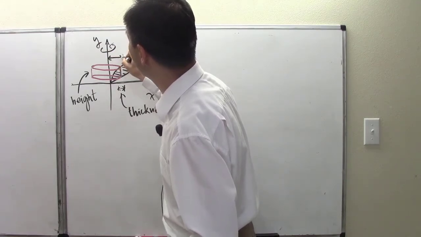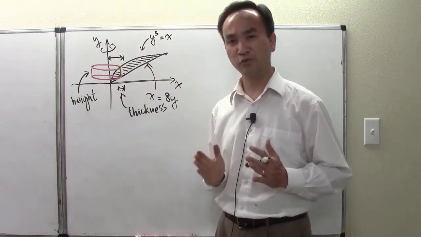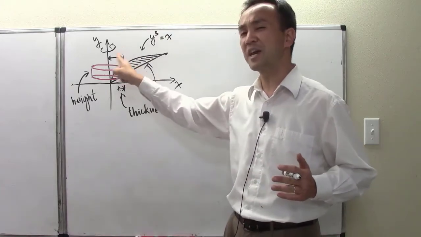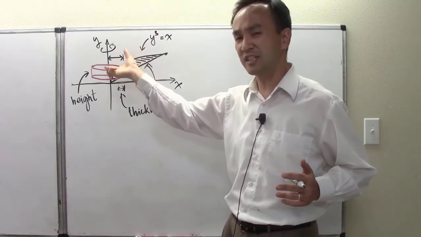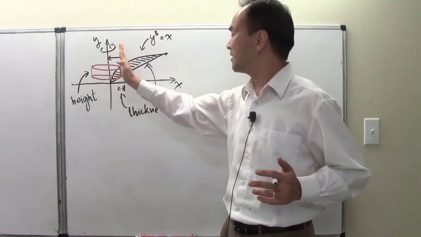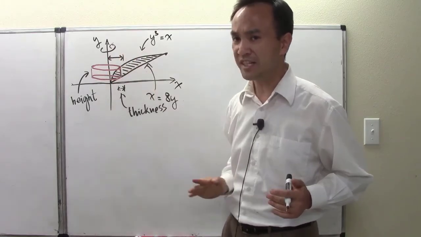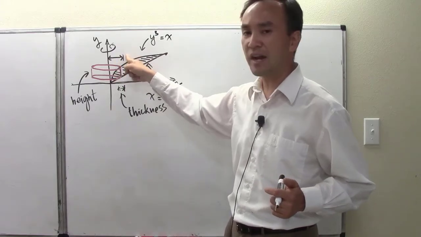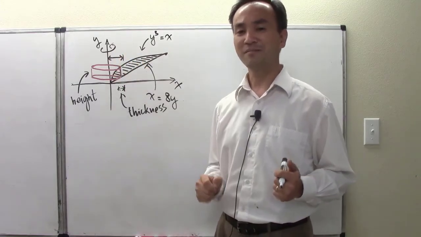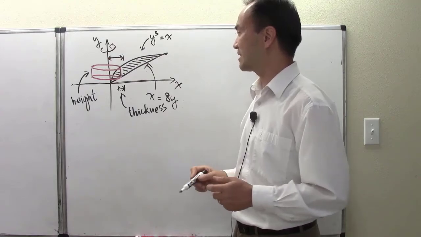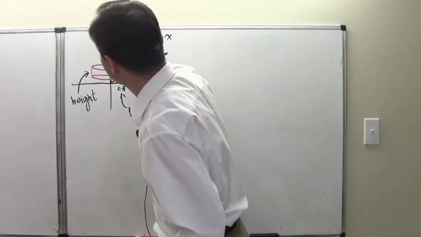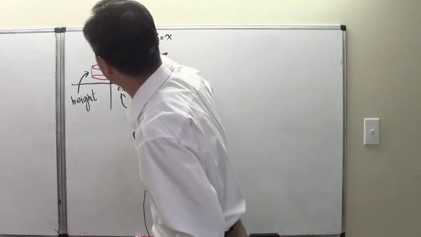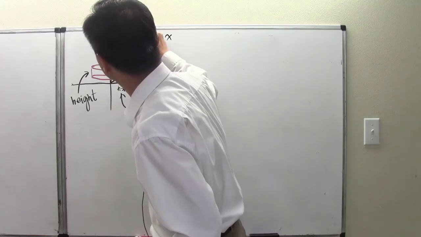Basically, the radius in the way I'm drawing the picture is simply the horizontal distance between the rotation axis and the stripe where we place it. Again, it's the distance from the stripe to the rotation axis. That's what we call the radius. So this right here in my notation is the radius of the circular cylinder.